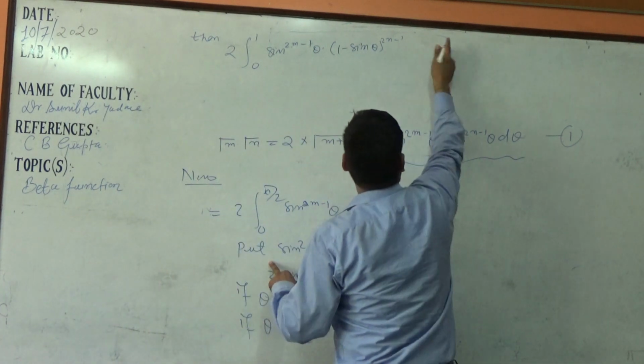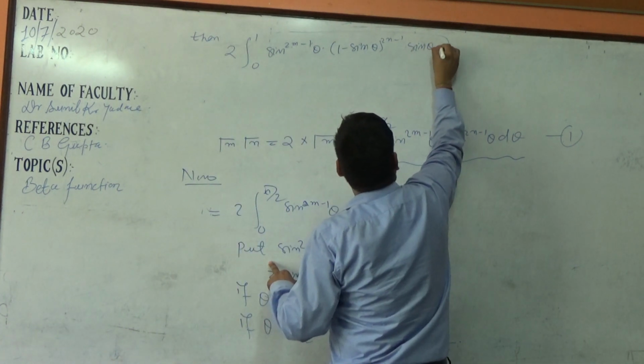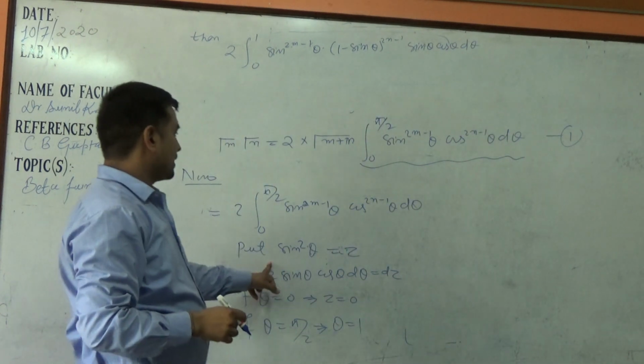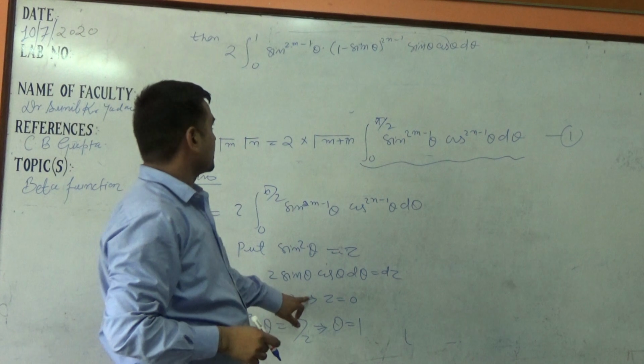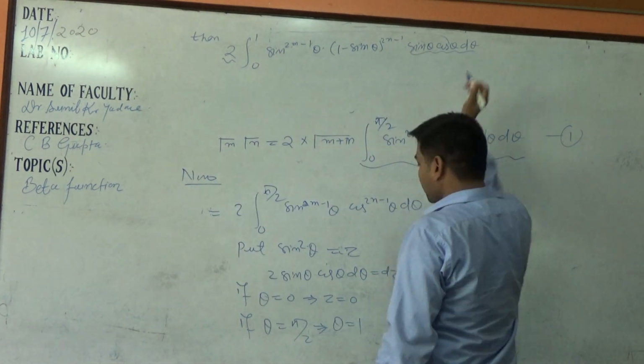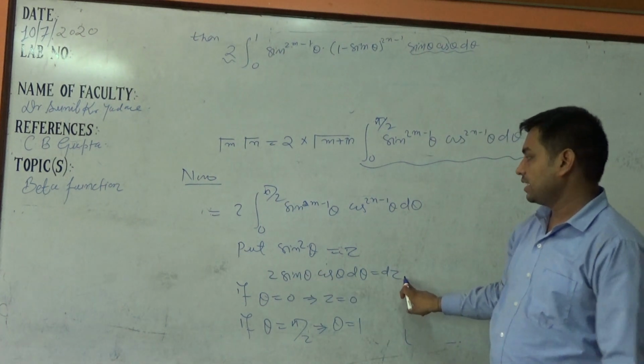We can write 2 sin theta and cos theta d theta is dz.